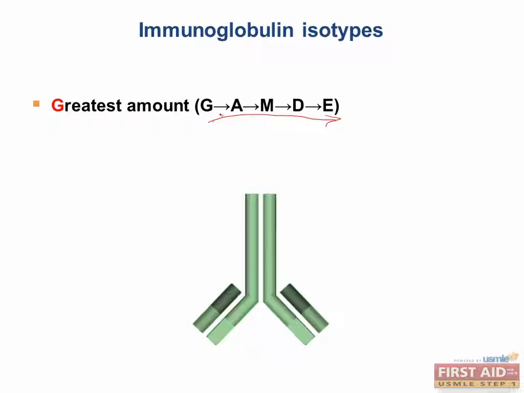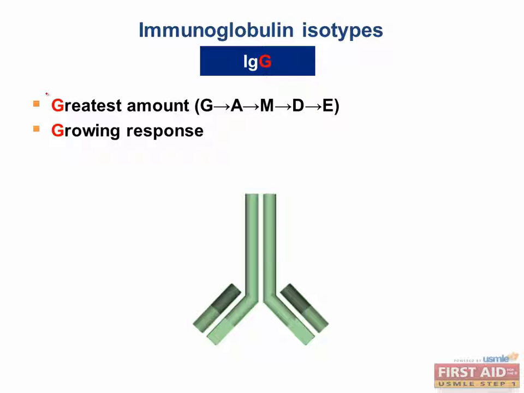Can I remember that? And for each one, like for IgG, I'll try to use the letter of the antibody to help you remember certain characteristics, okay? So, for IgG, there's the greatest amount in your body. There's a growing response. And by this, I mean, what is the initial antibody that's synthesized from B cells? IgM, right?